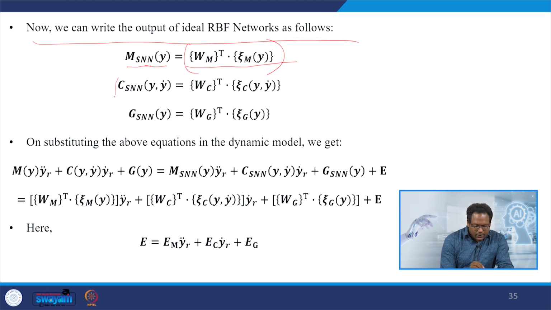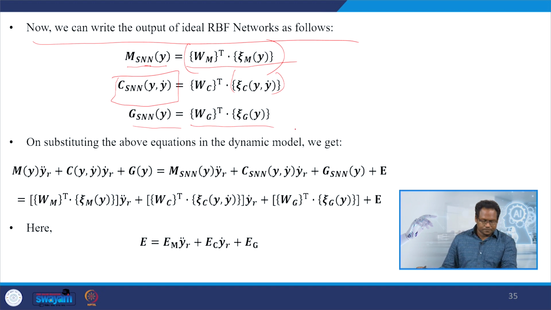Likewise, the ideal output of another network that gives C_SNN of y comma y dot is given by the weight vector W_c transpose multiplied by the output of the sigmoidal function, that is psi_c of y comma y dot. Likewise, G_SNN of y from another network is given by W_g transpose multiplied by the function output.